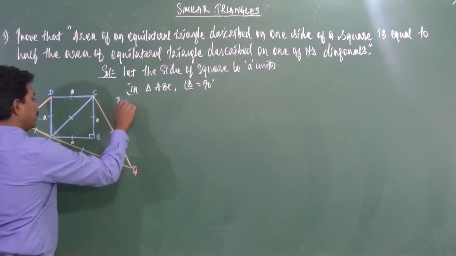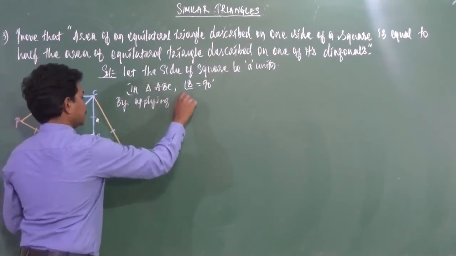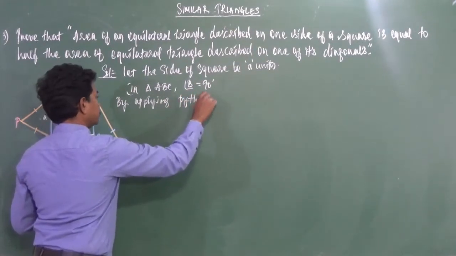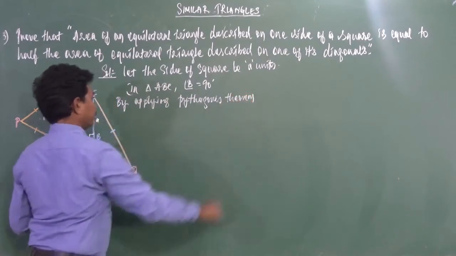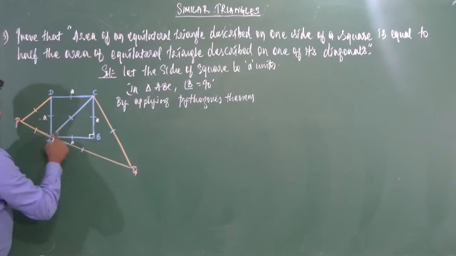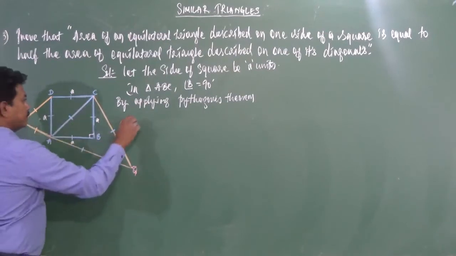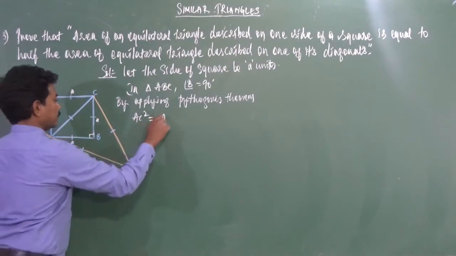So by applying Pythagoras theorem, right, for this right angle triangle, we will find out the length of AC. So AC square is equal to AB square plus BC square.